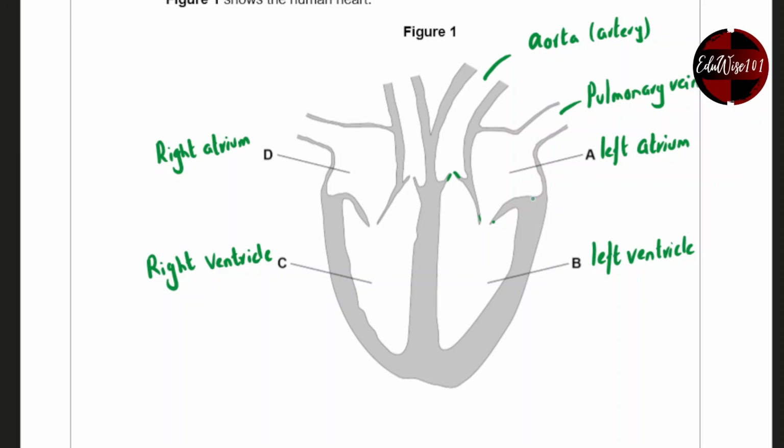You don't really need to know the valves, you could simply call them valves. This is the vena cava, which is a vein, and that is the pulmonary artery.